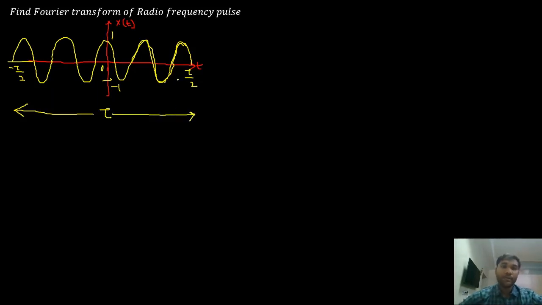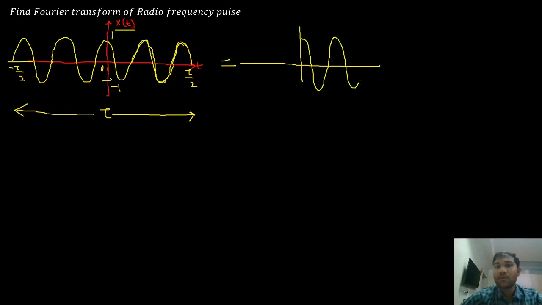So for this, I have to find the Fourier transform. So how can I write this function? I can write this function as a product of two functions. What are those two functions? One is a cos function that extends from minus infinity to plus infinity. Right?